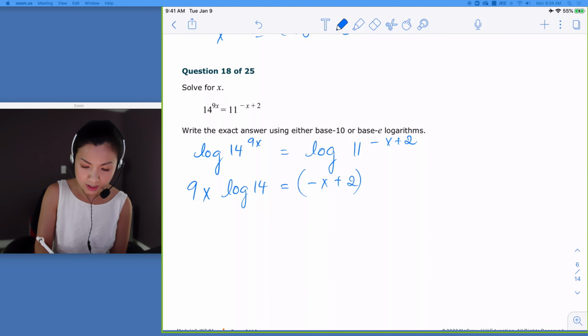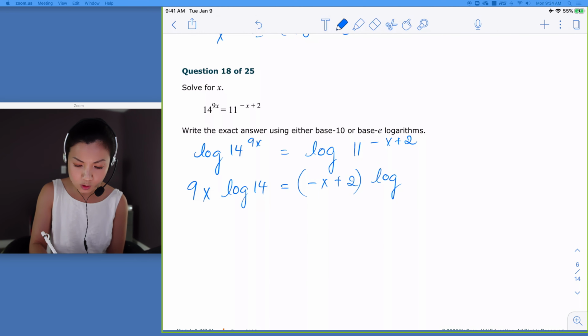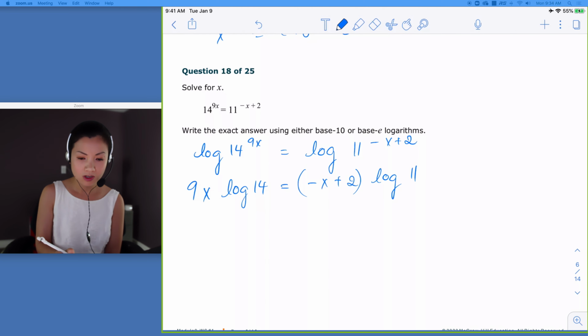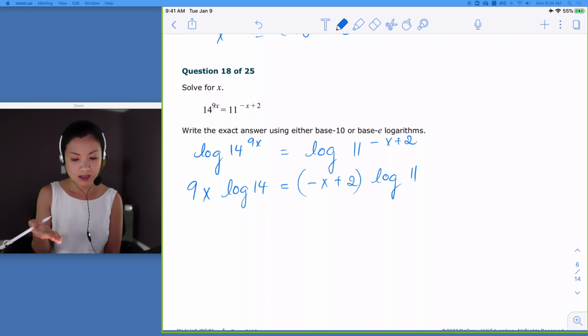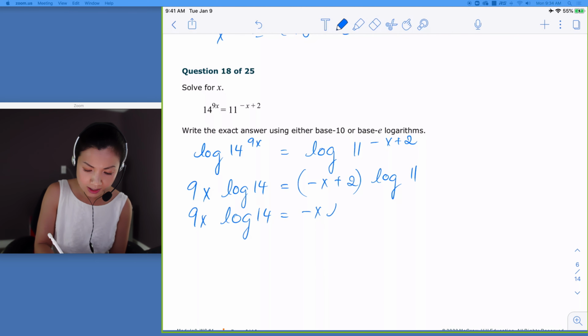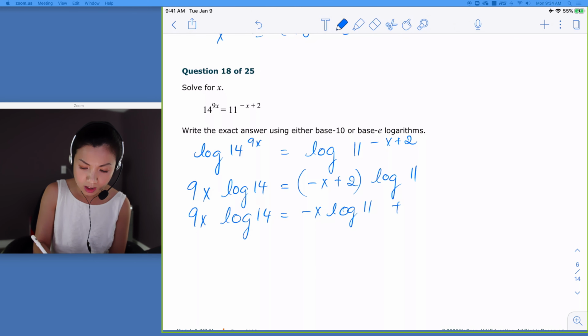I'm going to put parentheses right there because we have two terms. Now you see that we have x on both sides. When you see parentheses, we want to get rid of it, right? So I'm going to have 9x log 14 minus x log 11 plus 2 log 11.